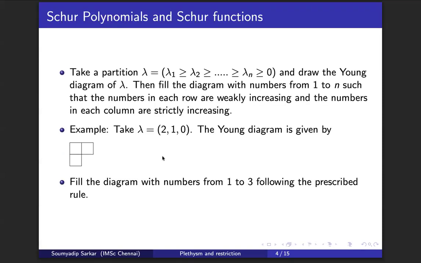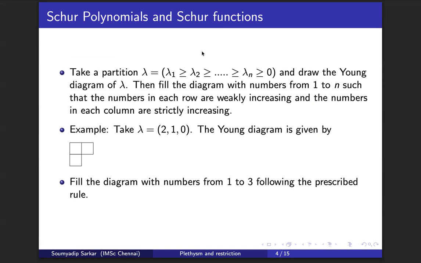Now there is an interesting class of symmetric polynomials known as Schur polynomials. How are these polynomials defined? First you take a partition lambda1, lambda2, ..., lambdan, and then you draw the Young diagram of that.